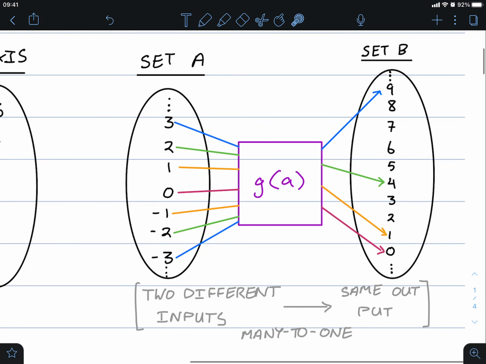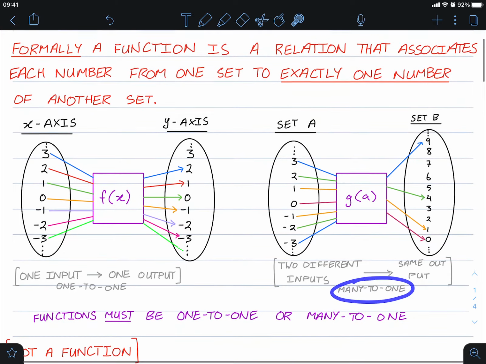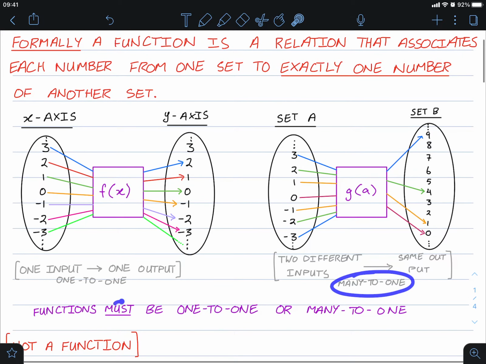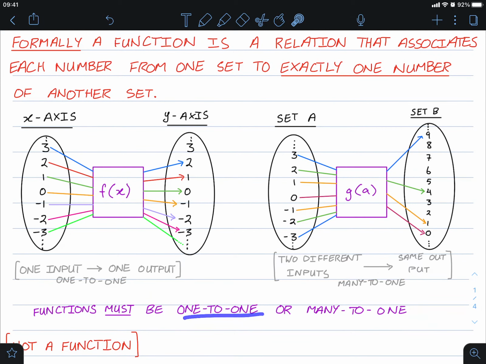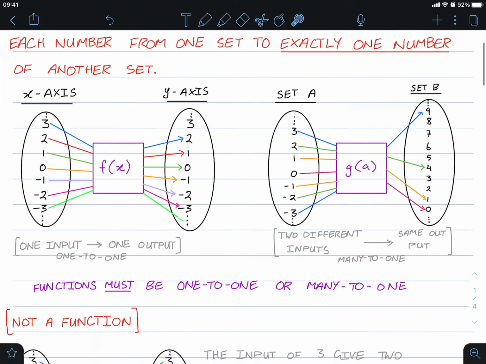That's still a function. This is a many-to-one function. Functions must be one-to-one or many-to-one. You'll see later how if it's a one-to-many or many-to-many, it is no longer a function.